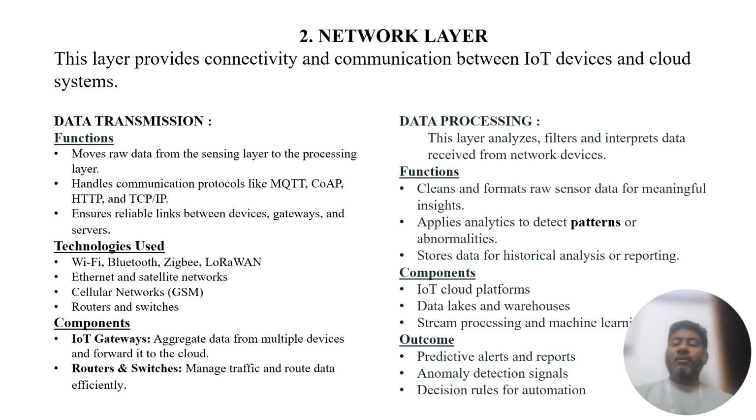As we saw before, it is an interconnected network which shares data between each other. Therefore, by using the network, you are going to transmit all this data from the sensing layer to another layer.